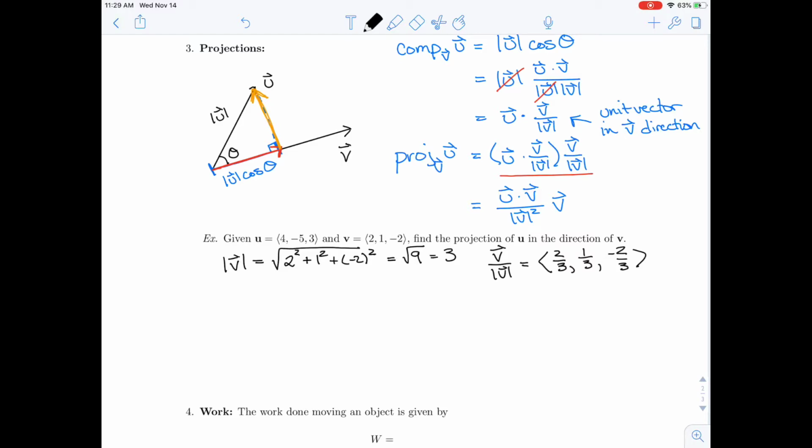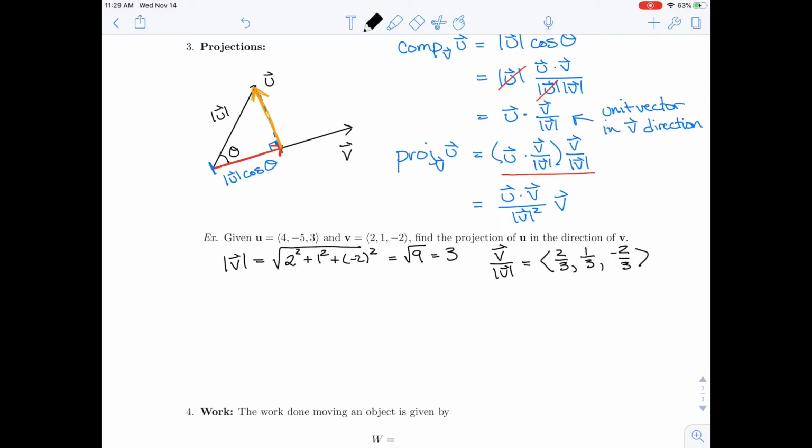So that vector will help us in finding the component, or the amount of u in the v direction. So we're looking for u dotted with the unit vector v, and that dot product is going to give us the component of u in the v direction.